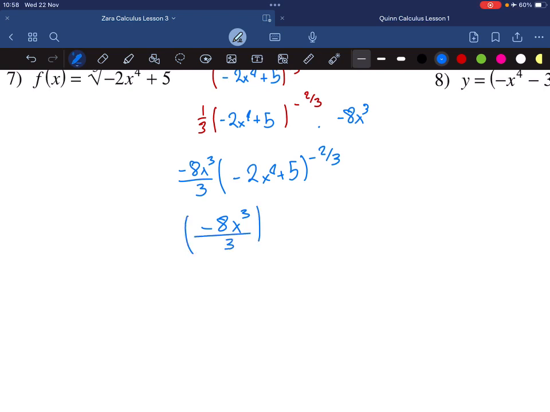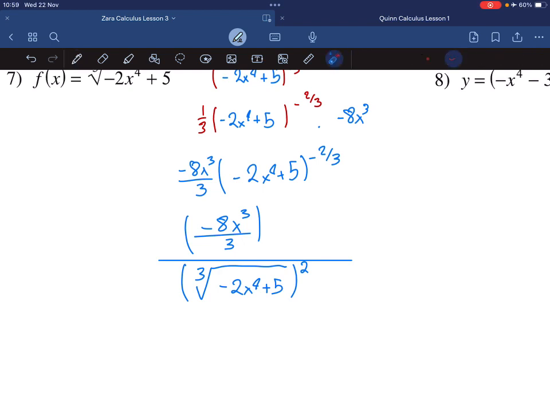And this whole thing is divided by the cubed root of minus 2x to the 4 plus 5 squared. This 2 comes from this bit right here. This 3 comes from right here. And because it's negative, it goes as a fraction.